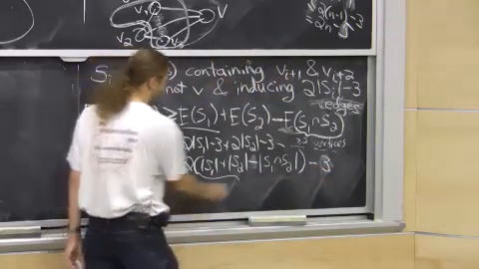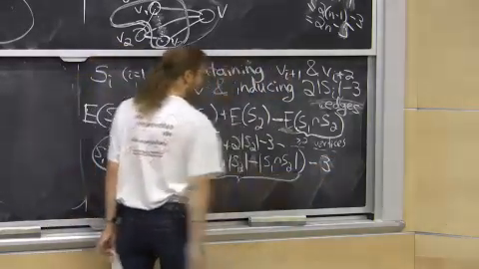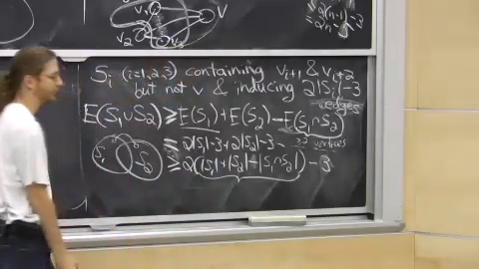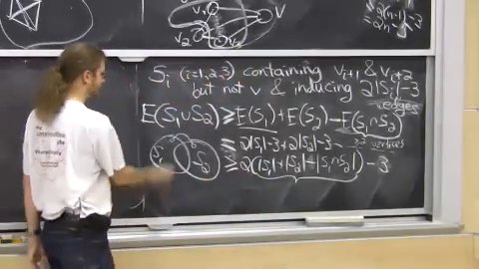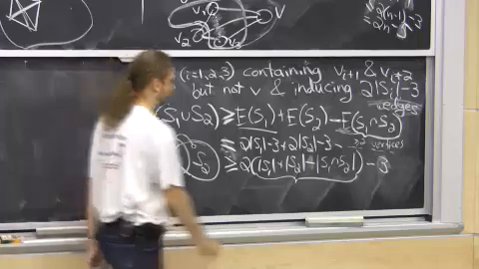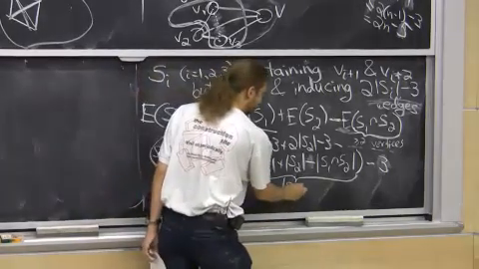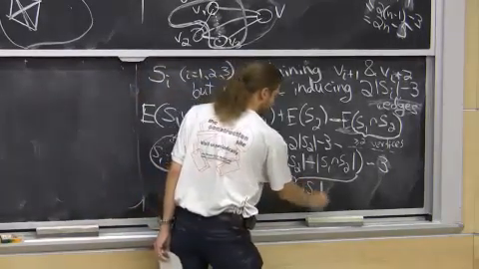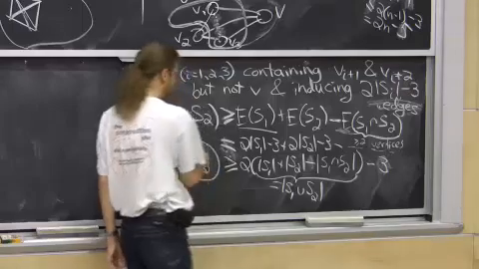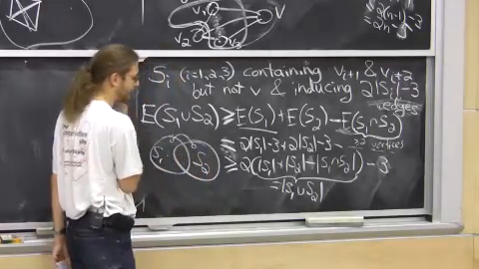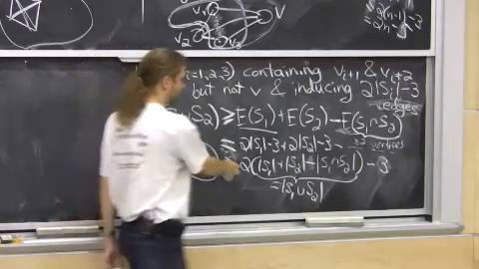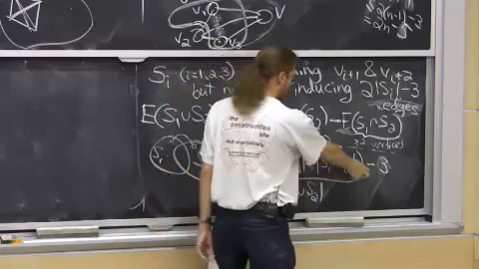Okay. Now, this thing. What's that? The union. It's the size of the union. Here it's exact because we're counting vertices instead of edges. It's this plus this minus the intersection for double counting. So 2 times that size minus 3.